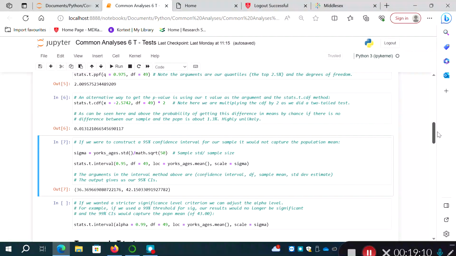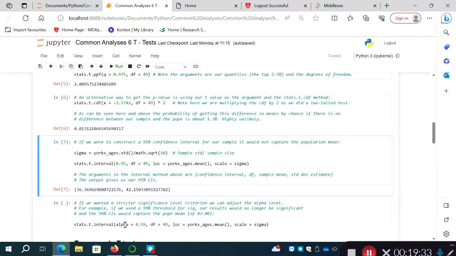All right, last thing I'll do is demonstrate this again, but this time we'll use a stricter confidence level. We want to say we wanted a strict significance level criterion. We could adjust this alpha level, the first argument of our interval when constructing this.